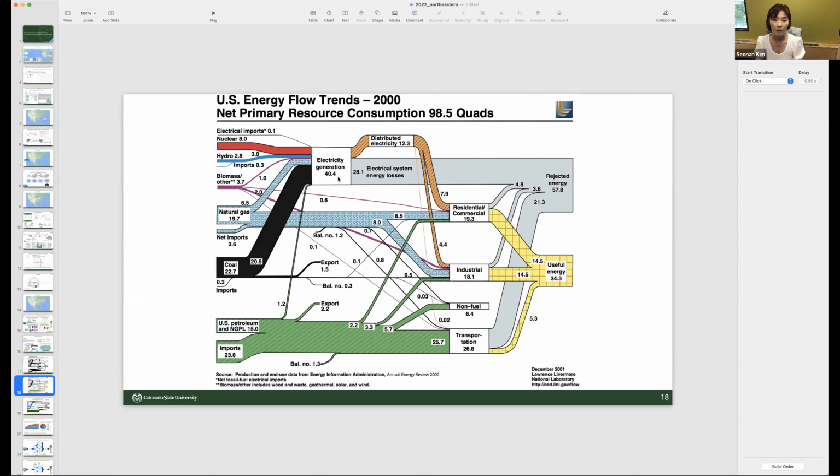Then in 2000, 10 years later, petroleum, coal, and natural gas are still the major ones. The interesting thing is they start to have biomass and other. Other means wood, waste, geothermal, solar, and wind. Included all together, it's 3.7 quads out of 98.5 quads. So it's only 20 years ago that they started to think about renewable energy sources, right?